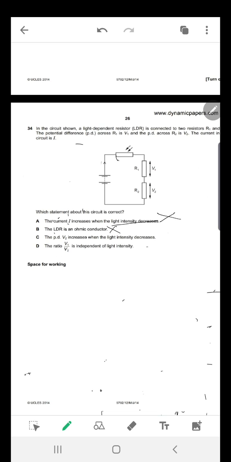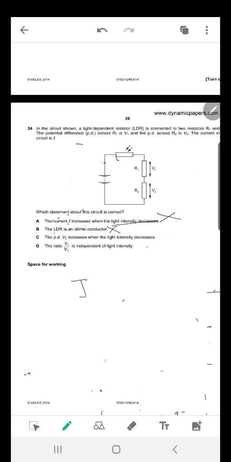Okay, let's see. The current I decreases as the light intensity on your LDR decreases. So the current will decrease as the light intensity decreases, which causes the resistance of the LDR to increase. So V2 equals IR2 will also decrease. Yeah, you getting the point?